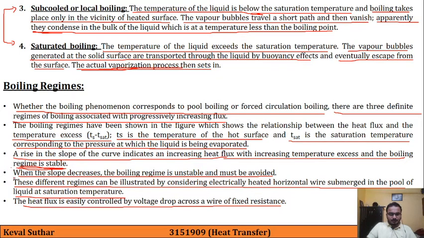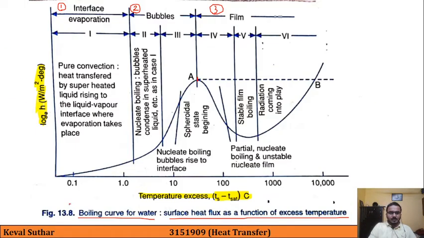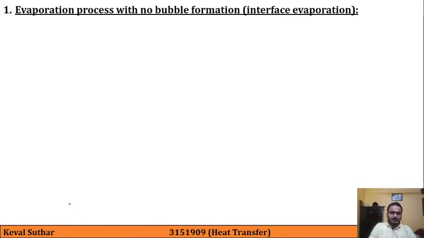So this is the way the experiment can be conducted with an electrically heated horizontal wire, and we can change the voltage so that we can change the heat flux also. We will discuss this curve in detail one by one. First phase is the evaporation process with no bubble formation.